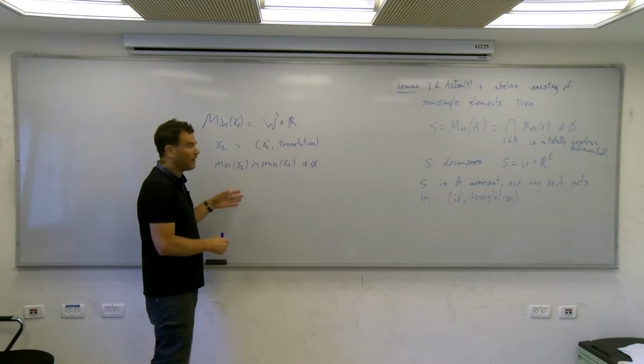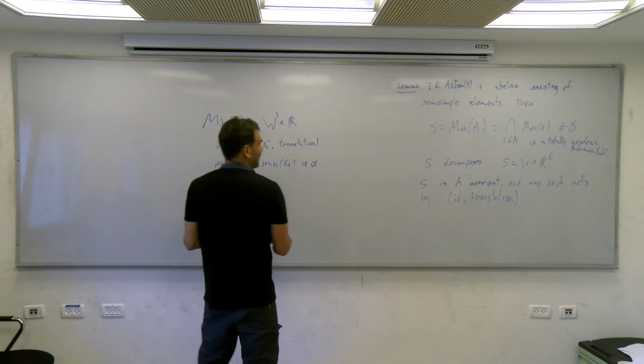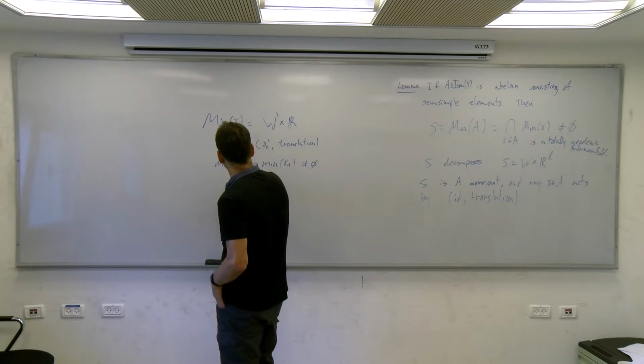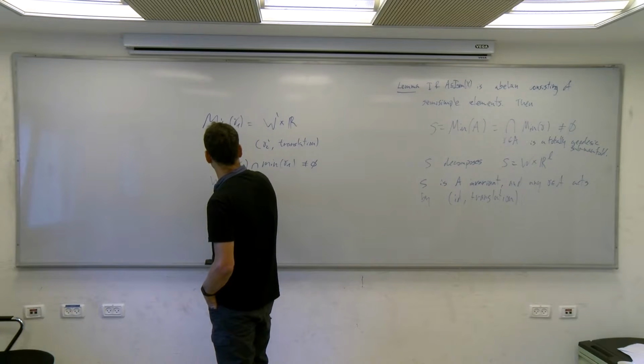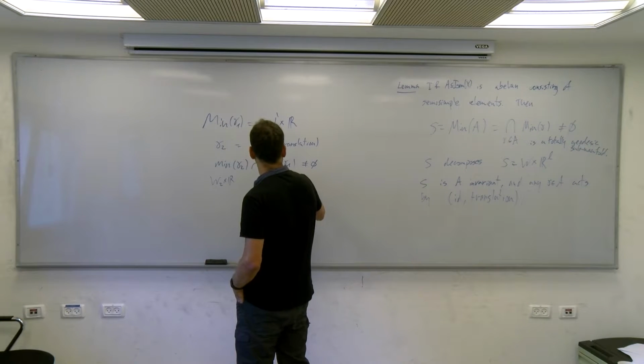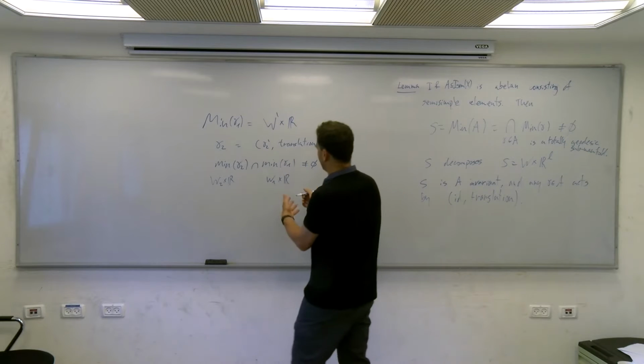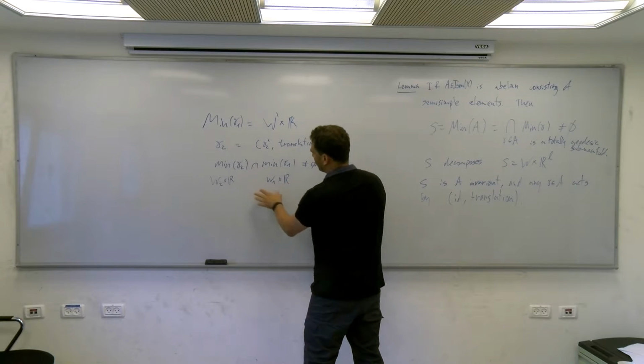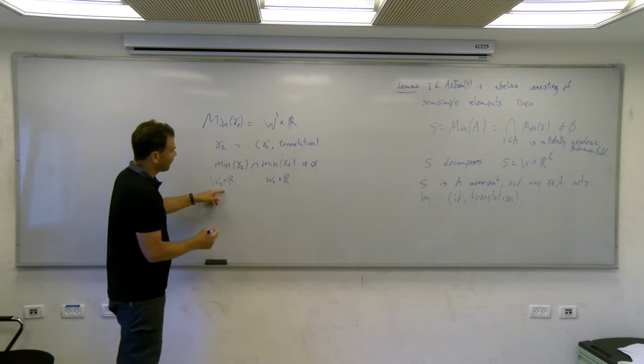Okay. And now, each of them has a decomposition, W2 cross R and W1 cross R. Each of them decomposes like that, and each of them preserves the decomposition of the other.